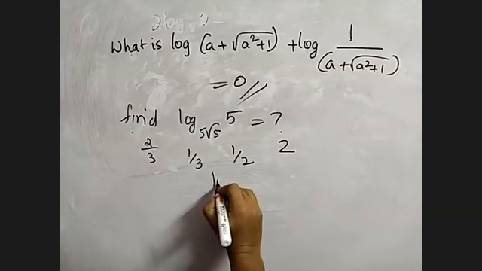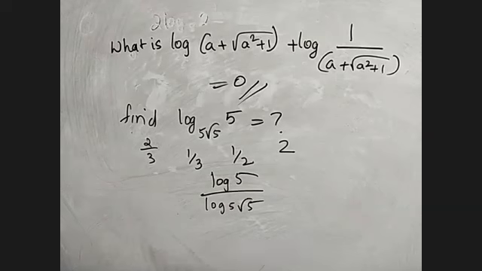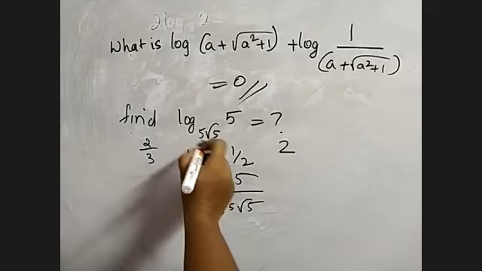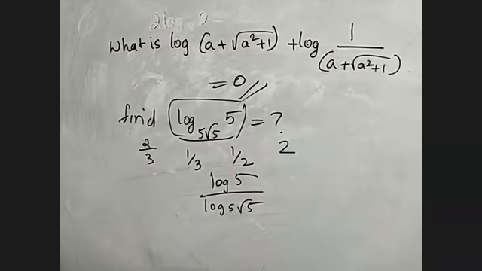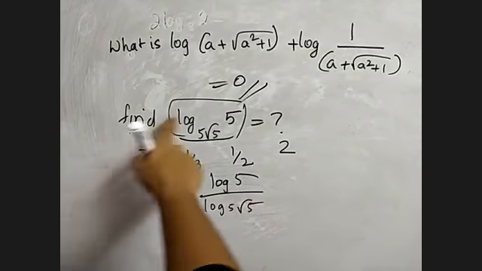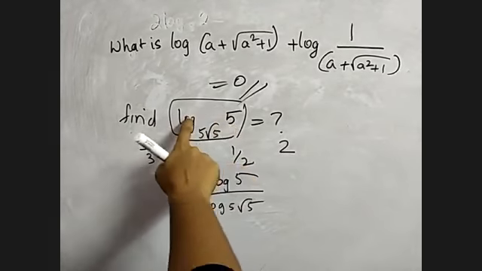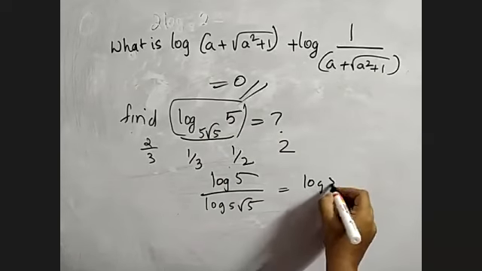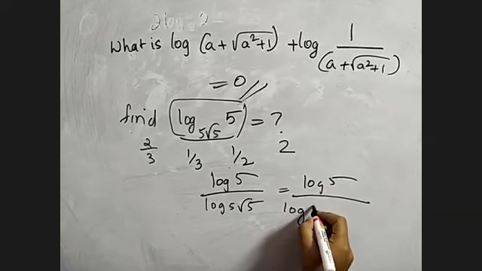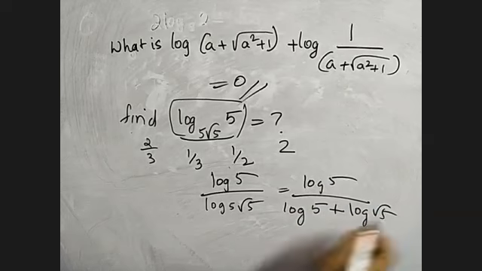This can be written as log 5 by log 5 root 5. Okay, so this is a property applied here. I told you some 2 properties more remaining that I'll explain in the question. So this is log 5 by log 5 plus log root 5.